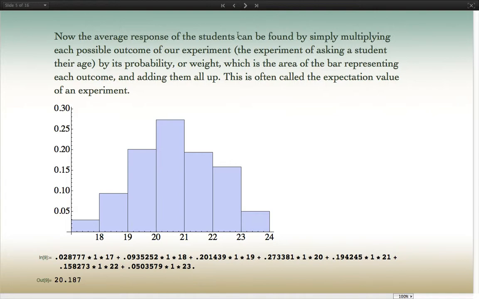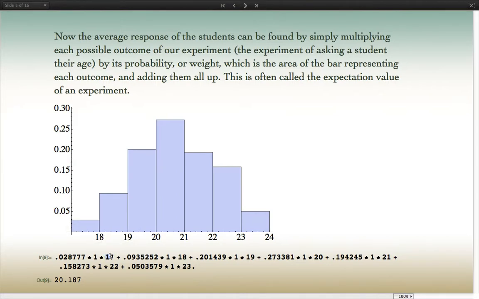So the way this is done is you just take the value of interest and then you multiply it by the area of each bar that corresponds to that particular value, that particular outcome.